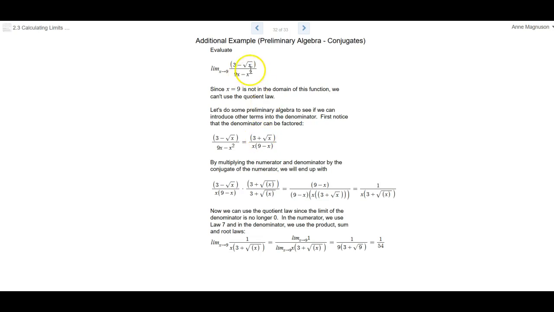But if I multiply the numerator and denominator by the conjugate of the numerator, I get a common factor that cancels, and now this denominator does not have a limit of 0. So take a look at that a little bit more closely.